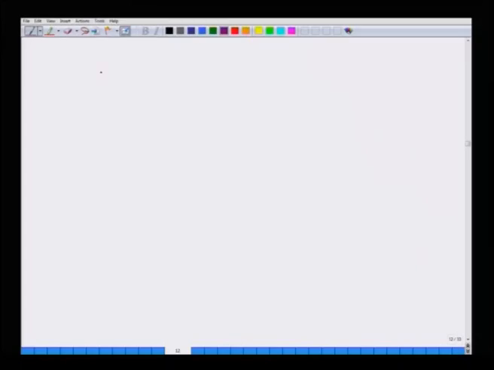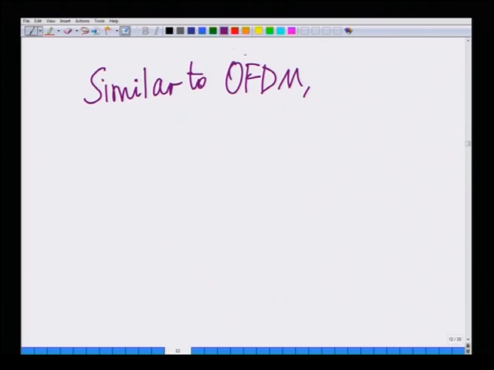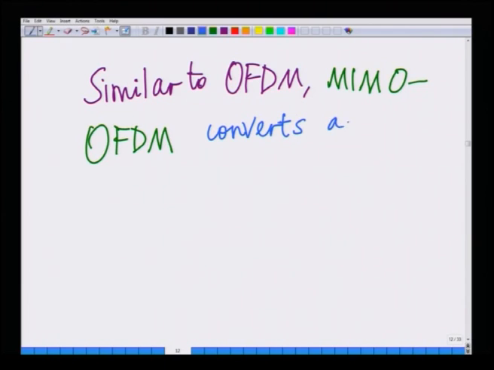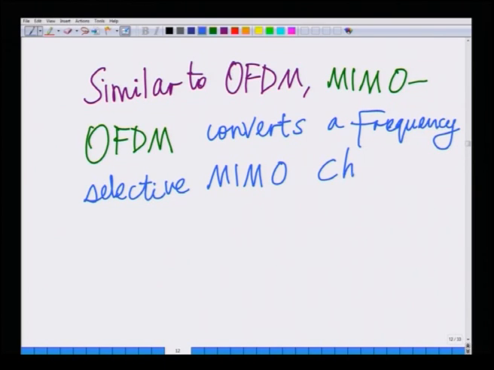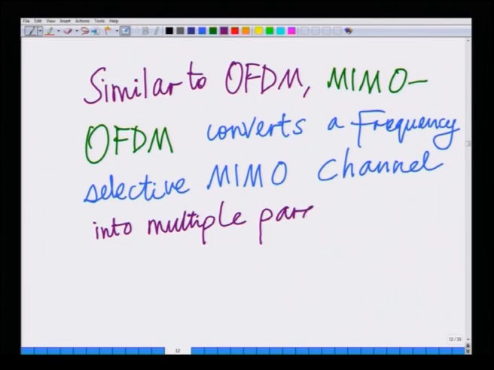So, similar to OFDM, MIMO-OFDM converts its frequency selective MIMO channel into multiple parallel flat fading MIMO channels.